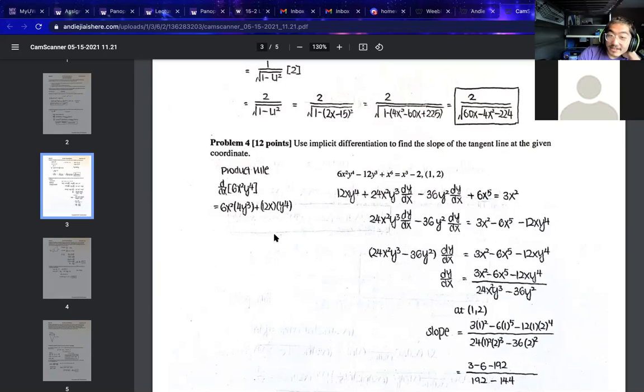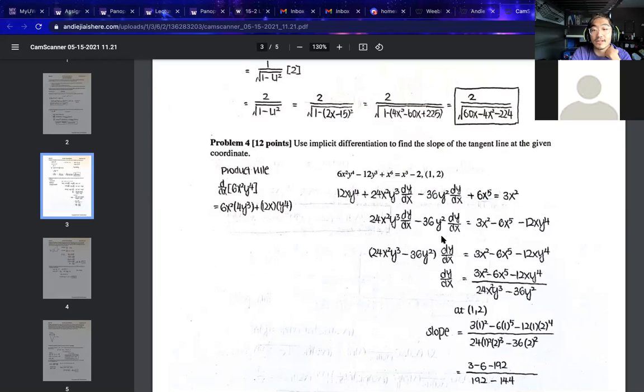And for every y you get the same, you pull this out. This is y cubed, and you get dy/dx because it's implicit. Pull out a 3 here, which is 36xy squared dy/dx, and minus 12xy to the fourth to this side, then you get this.